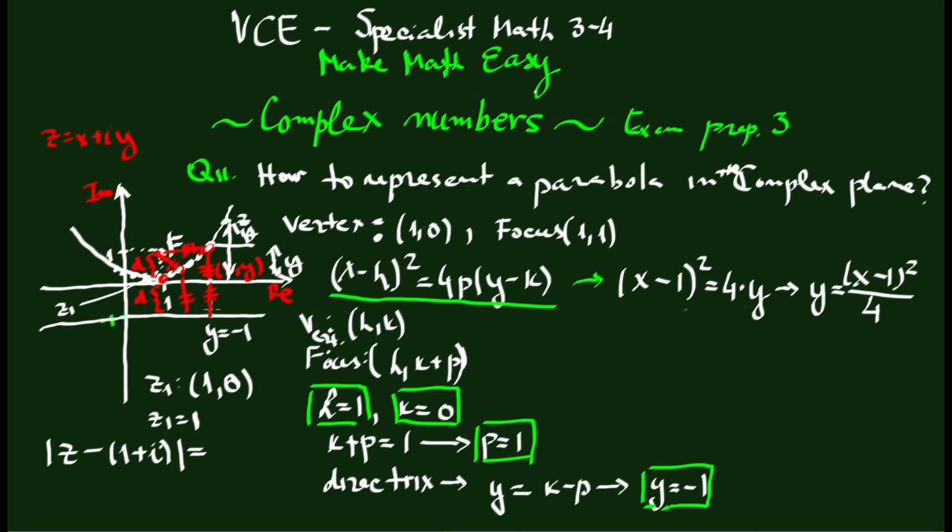And where is the directrix? The directrix is at minus 1. So what we're getting is that the distance there is the same as whatever the coordinate of z is, so it's the imaginary part of z, that's our y coordinate, plus the distance from 0 to the directrix, which is 1.